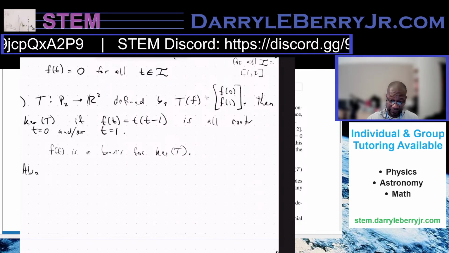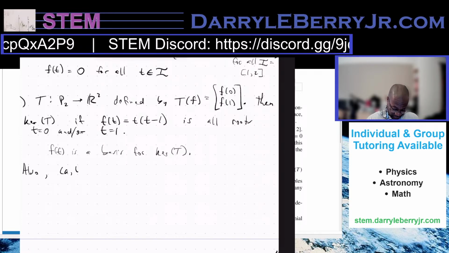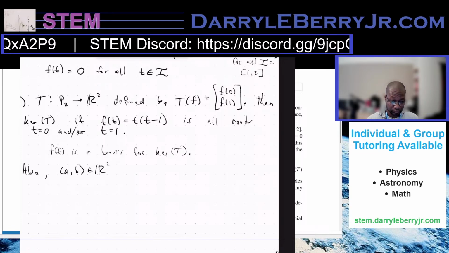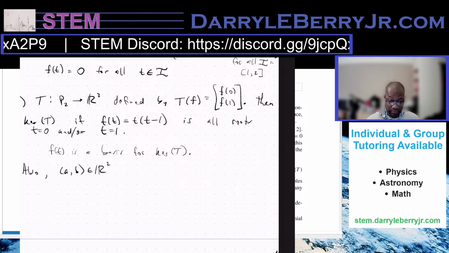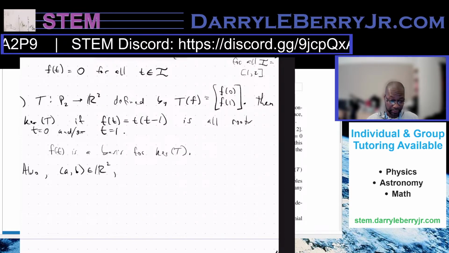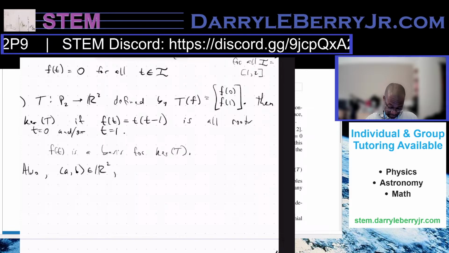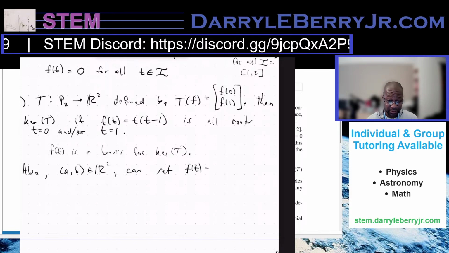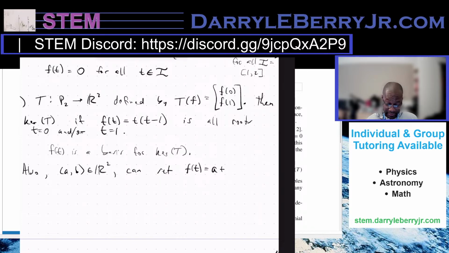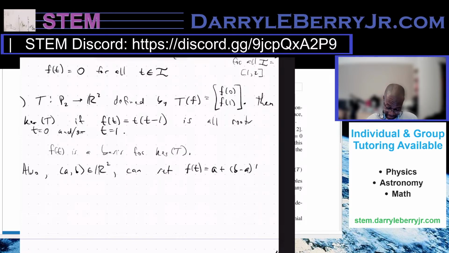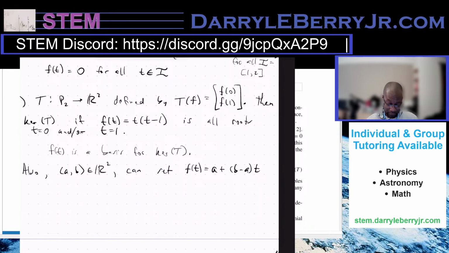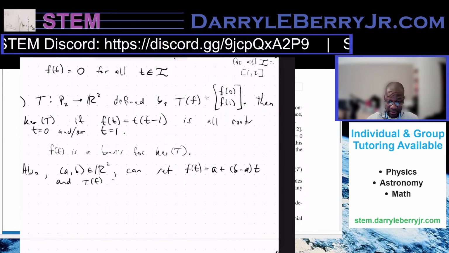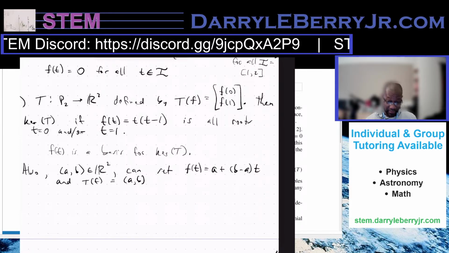I'll just say also instead of on the other hand, if you have a vector or point (a, b) in R2, we can set f(t) equals a plus (b minus a)t.